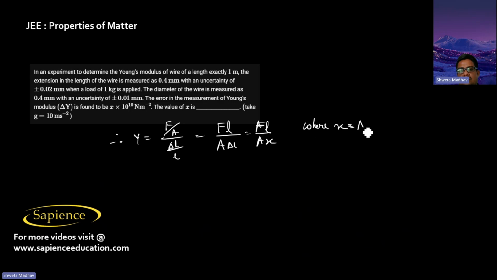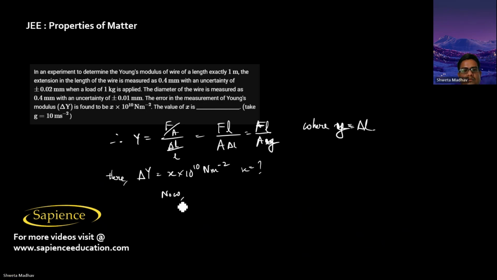Now, here it is told the error in the measurement of y is equal to x into 10 power 10 per meter square, then x value I have to find out. So let's call this extension as y suppose, since here x has been already used.